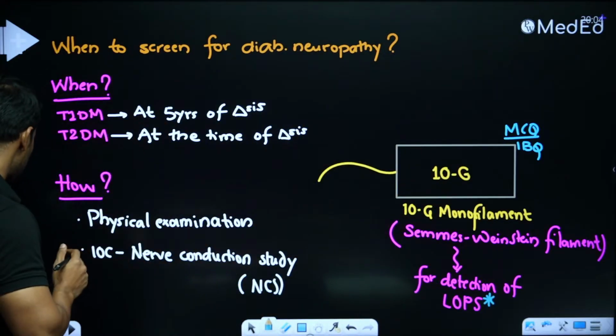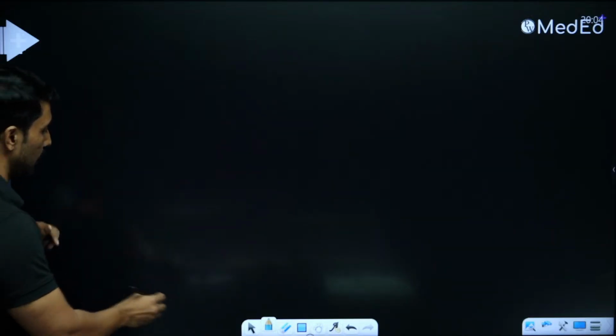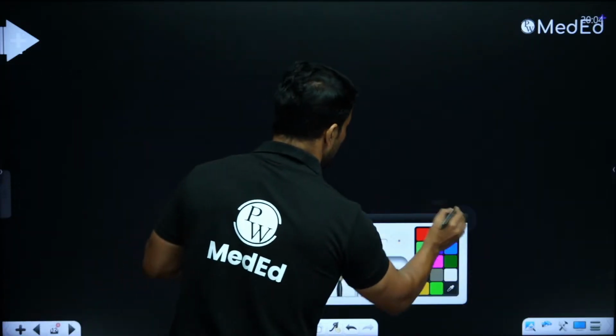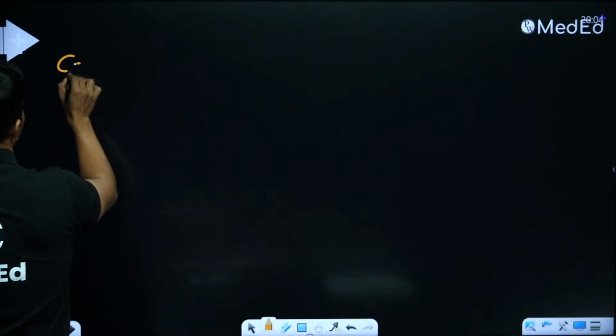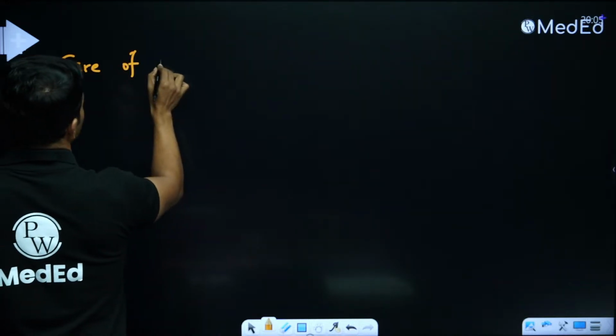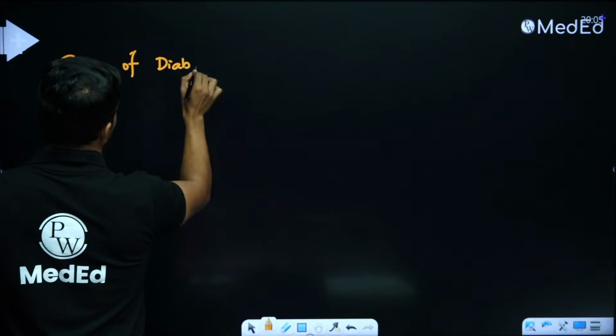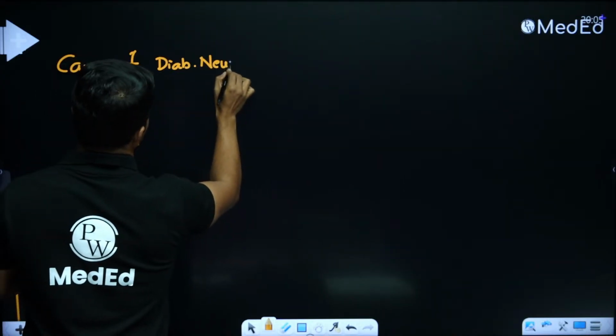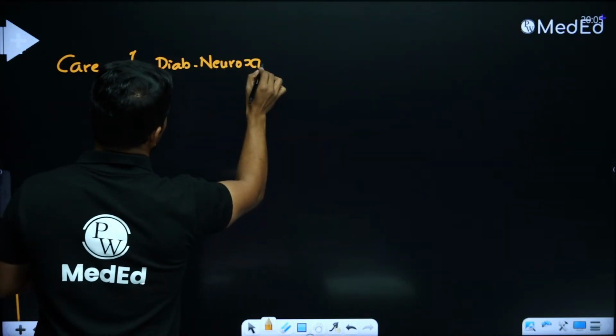Now, once I have detected that the patient is having diabetic neuropathy, right? Now, how do I care? Care of patients with diabetic neuropathy. Because दो चीजें हैं यहाँ पे.